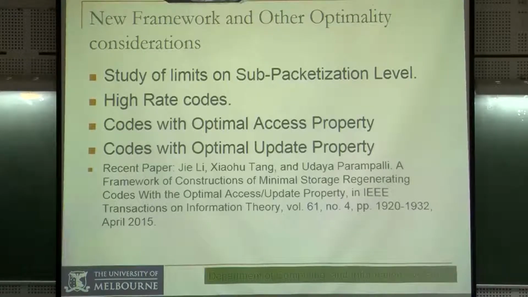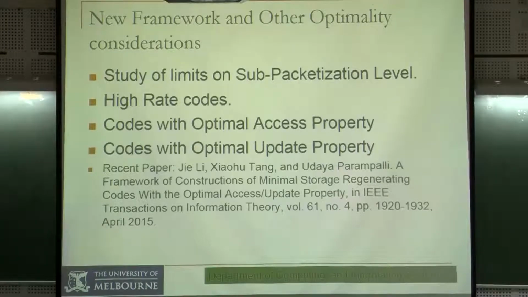There are some ideas with a framework for when the code is already there and you want to get an optimum access property. That means if a node is down, I want not only the minimum storage but also the optimum access, meaning the number of nodes that I contact to repair should also be minimal.